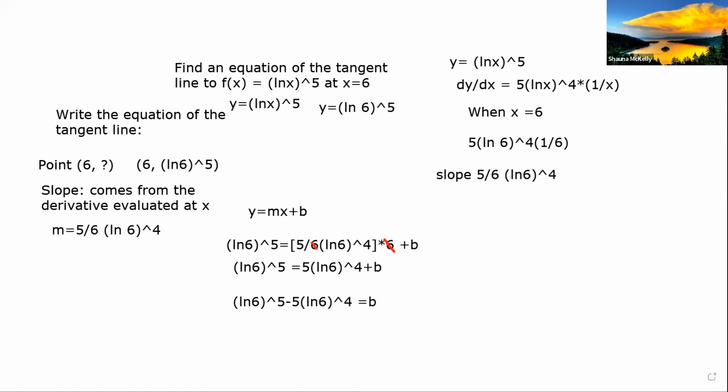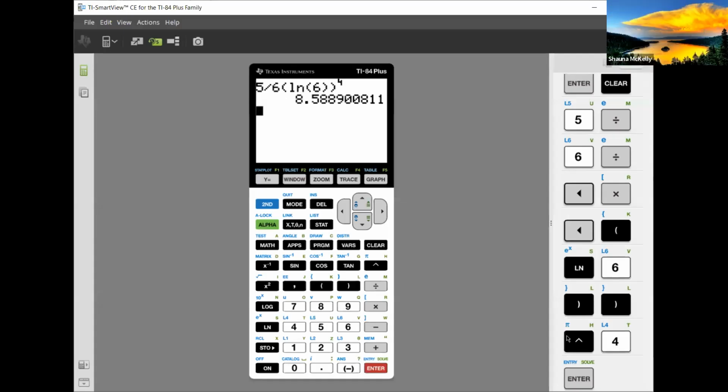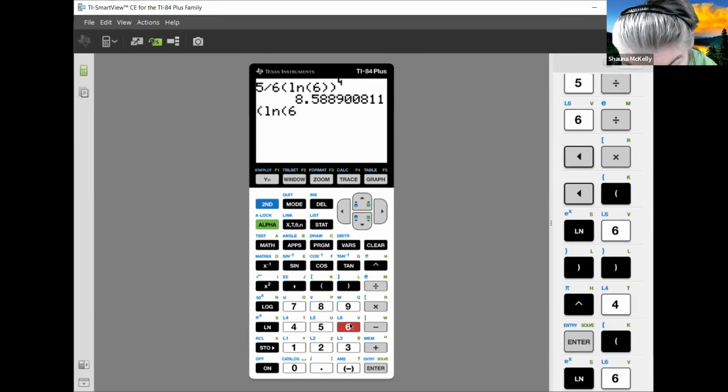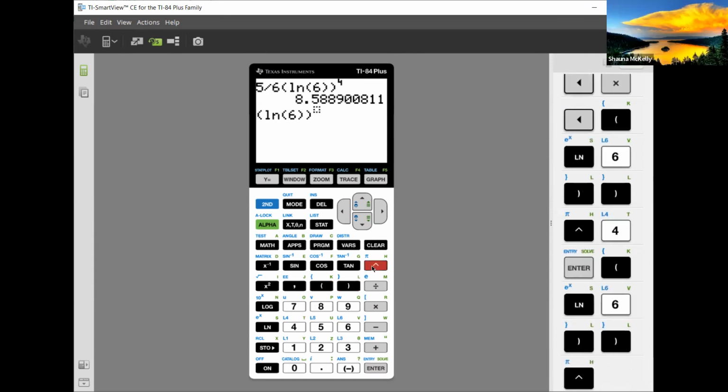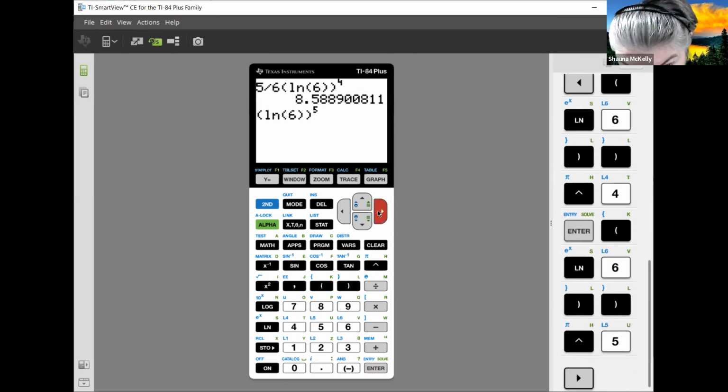I'm going to go to my calculator here, and I'm going to say ln 6, and I'm going to close twice. I want to raise it to the 5th power. And because I need to move this over, on some calculators, you may not need that arrow.